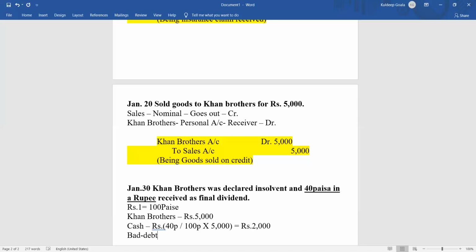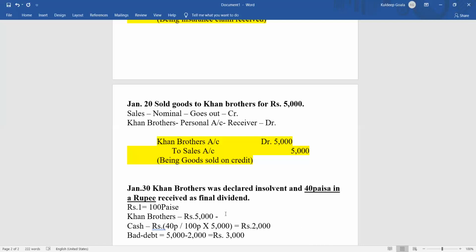So 2,000 rupees I am going to receive as cash. So out of 5,000, if I receive 2,000, that means the remaining, 5,000 minus 2,000, I'm not going to receive 3,000 rupees.